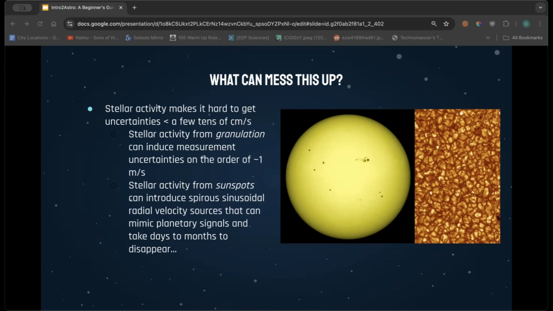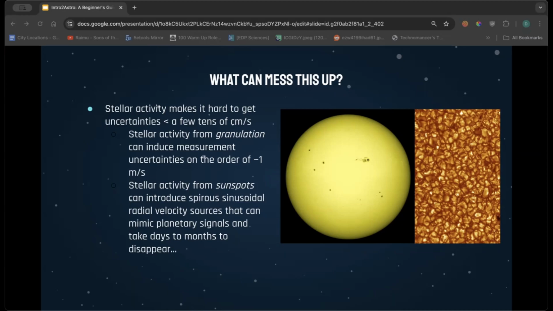First off is stellar activity from what's called granulation. Granulation refers to all the paths of plasma that occur in the star and bring material up to the surface of the star and away from the surface of the star. But you might notice that if it's bringing stuff up to the surface of the star, that's towards you, and if it's bringing stuff away from the surface of the star, that's away from you.